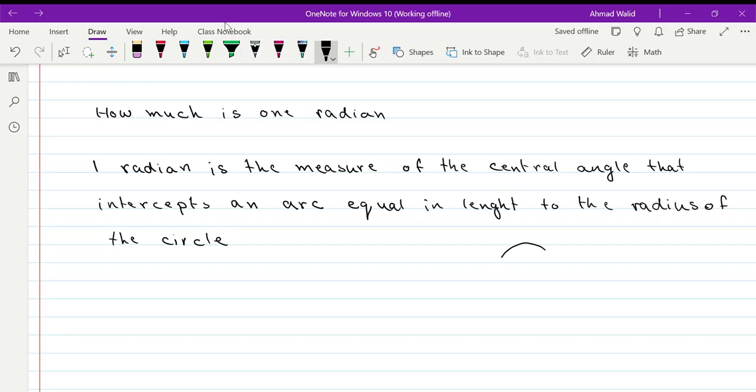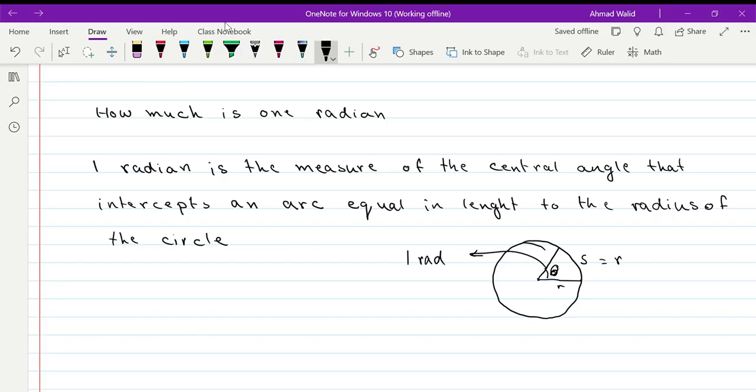What does this definition mean in picture? If I create here a central angle, correct? This is the radius. This is the radius, right? This is angle theta, and this is S. If S is equal R, the measure of this angle theta, I call this measure 1 radian.